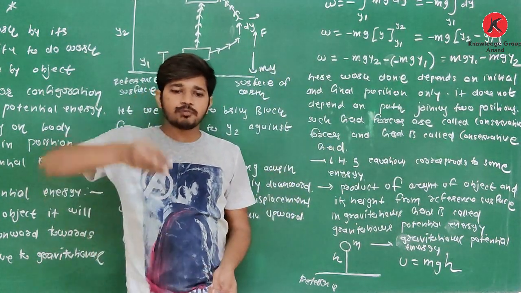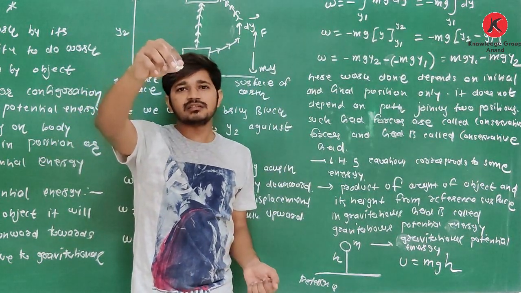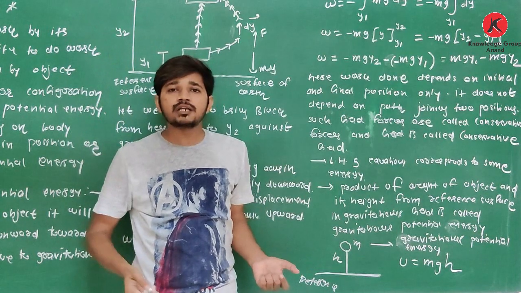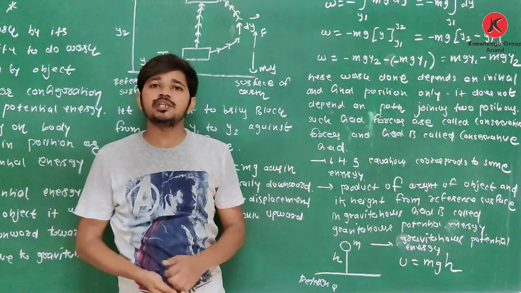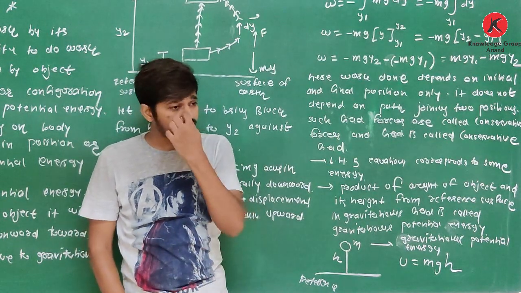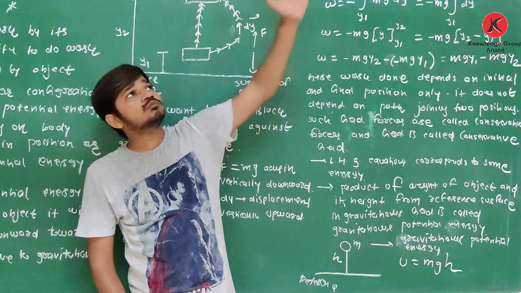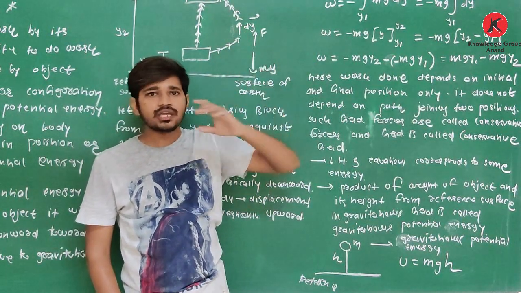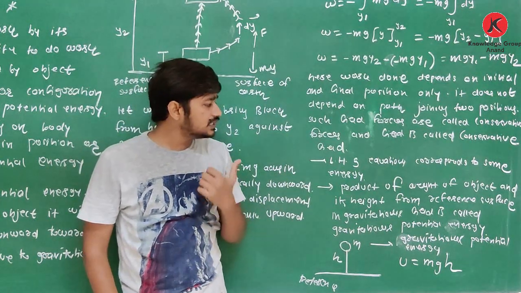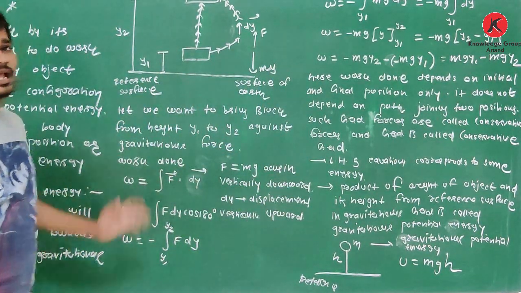If I drop a chalk on your head from this height, then it will not hurt. But if I drop some object from some more height, then obviously it will hurt. So why? What is the reason? The object falling from height, that we will see. Yes, it is all about potential energy.